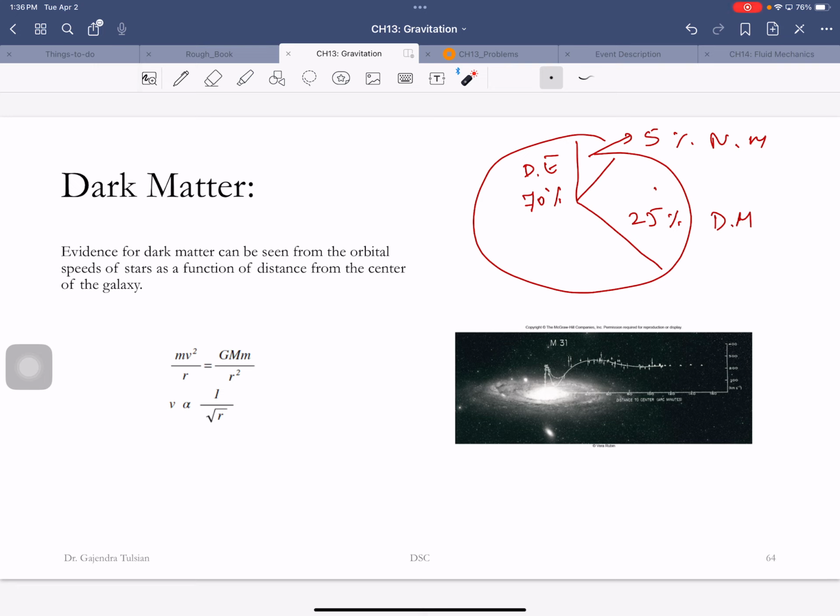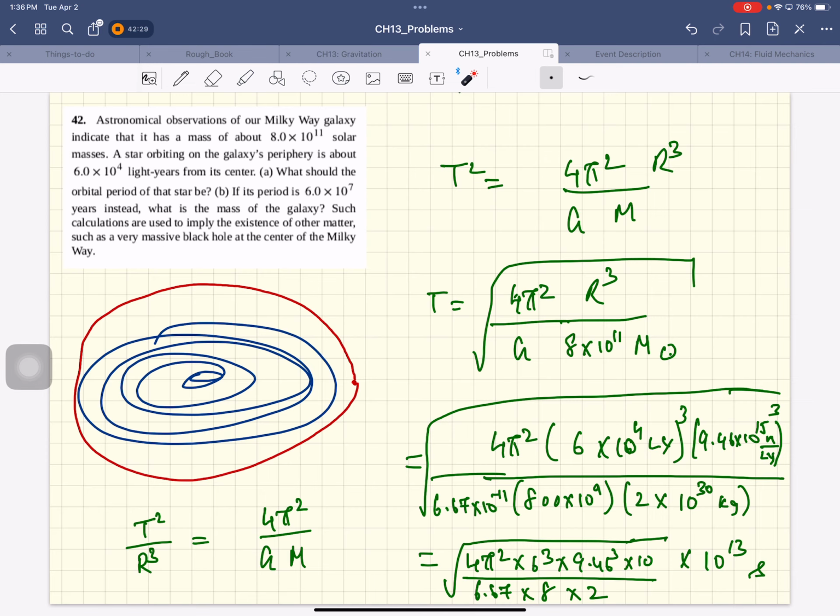So here, this graph, here's the orbital period. The orbital period is not falling off. What this is showing you is all the mass you're seeing. If there was no more mass, and you start increasing the radius, the orbital period should fall off.